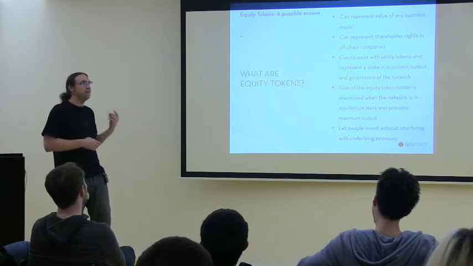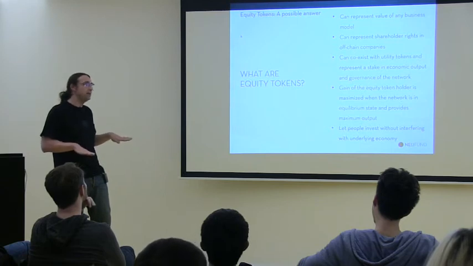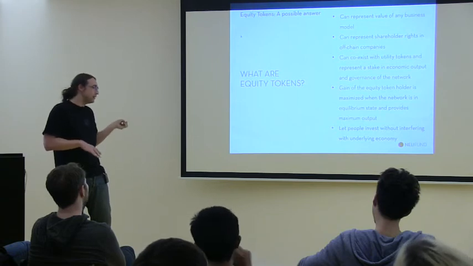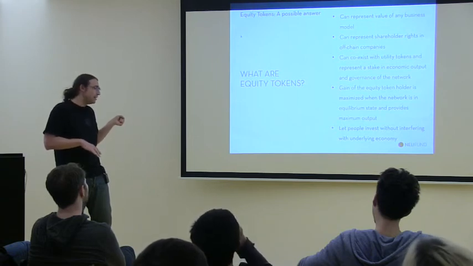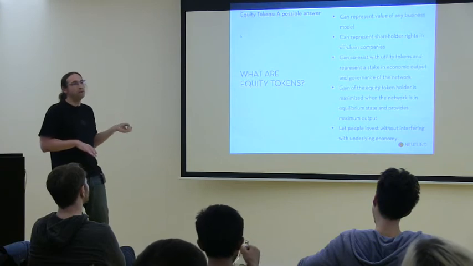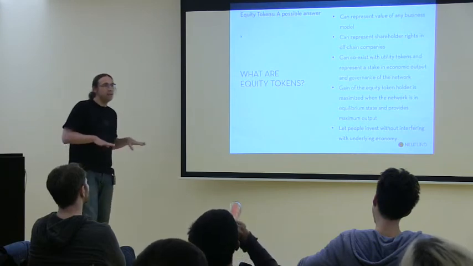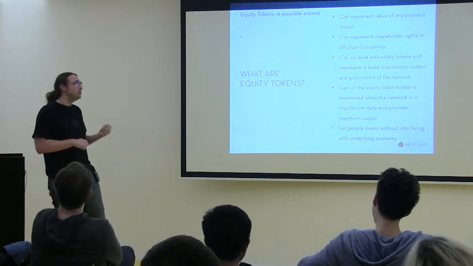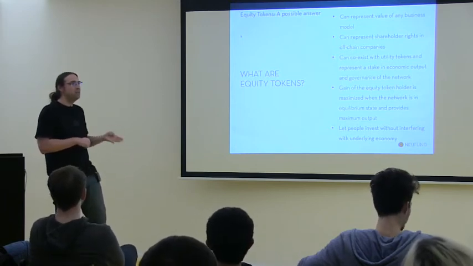But the concept itself, an abstraction of any kind of business model, is that someone who has equity has some stake in the output of the business, and some stake in governance and information, but it's not impacting how this business works.